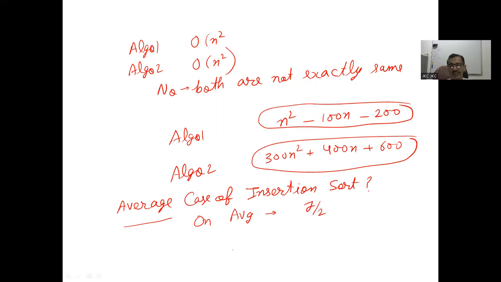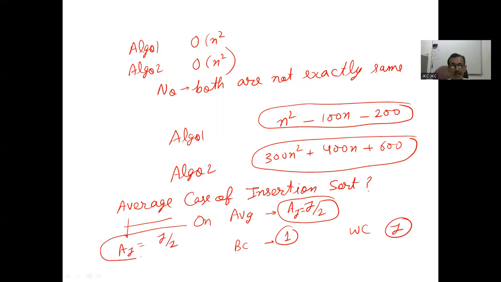Earlier I said best case meant j every time execution once, worst case meant j times. So you can consider a_j to be equal to j by 2. So for average case, take a_j as j by 2 and then try to calculate the time complexity, and then you will be able to find out the average case time complexity.